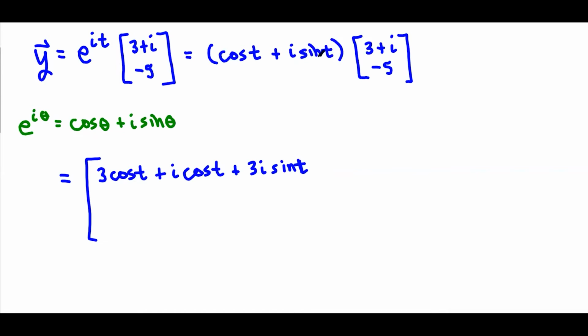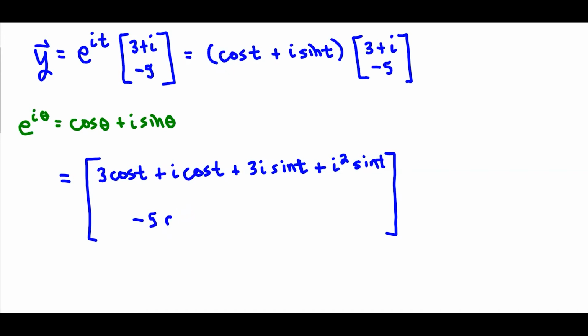Then last we get i sine t times i, so that's going to be plus i squared sine t. And then for the second component, it's just going to be -5 distributed inside cosine t plus i sine t.